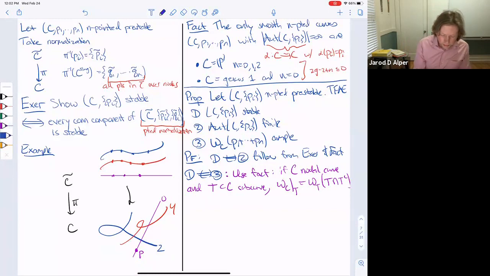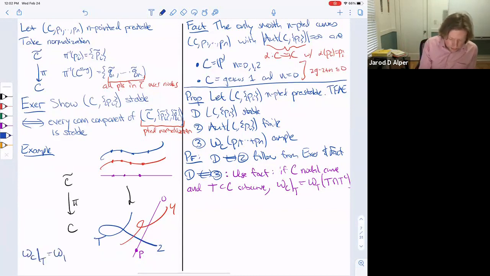So maybe on the left-hand side here, if T is the blue subcurve, what this implies is that omega C restricted to T is omega T shifted by these 2 points, say Q1, Q2.